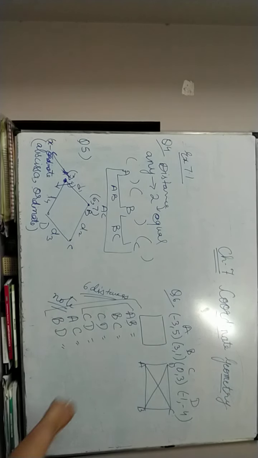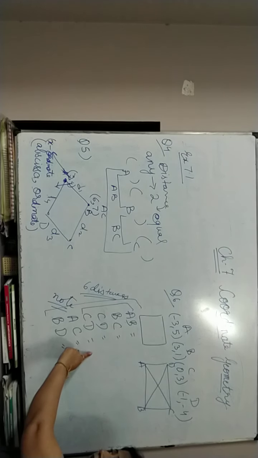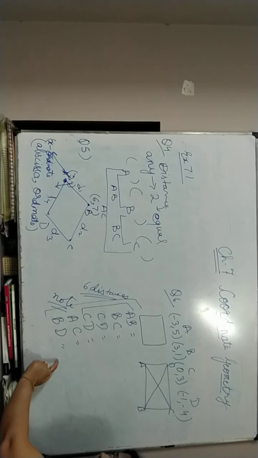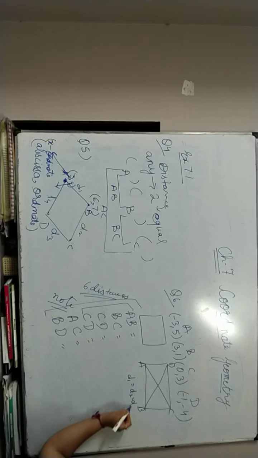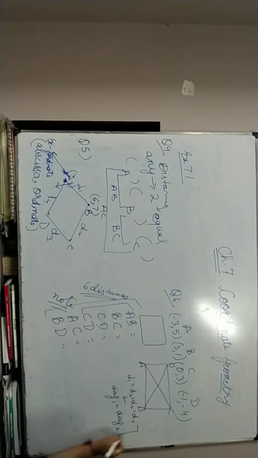Now if all these 4 distances are equal and the diagonals are equal, then these are the qualities of a square. You will say that these are the points of a square.